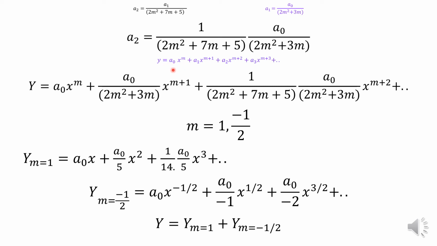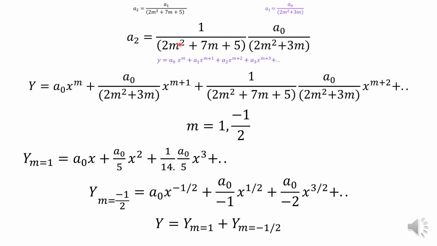So y is equal to a naught x to the power m plus a1 x to the power m plus 1, and so on. You put the values of this a1 that we have found here. Same value we will try to put here. That a1 is equal to a naught into 2m square plus 3m, and similarly a2 we will try to put.